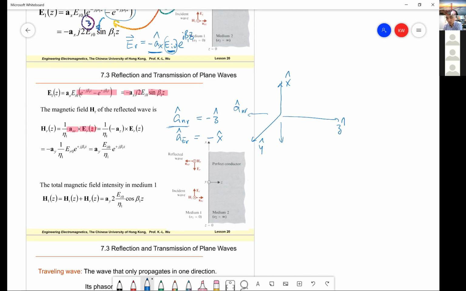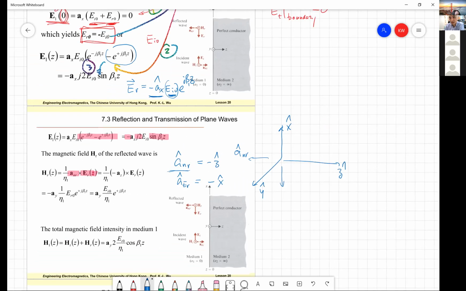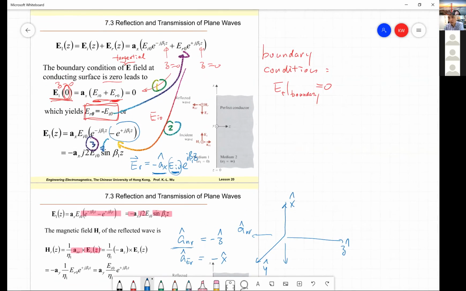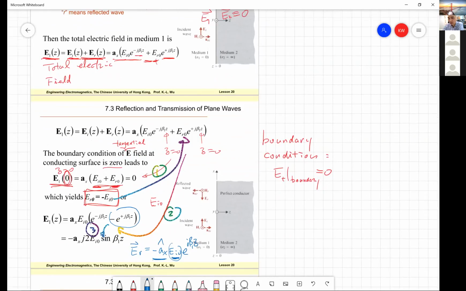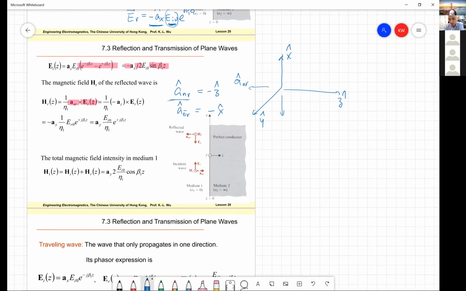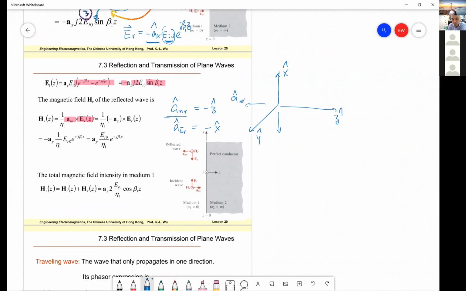So once we know the reflected wave magnetic field, we also know the incident wave magnetic field, right? Oh, sorry, we didn't write the incident wave for the magnetic field.